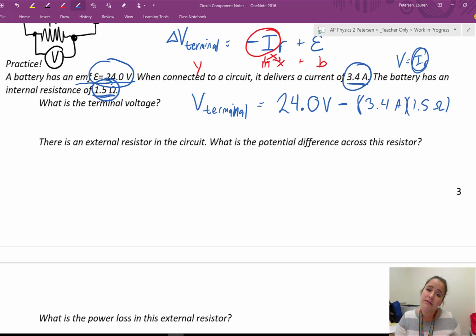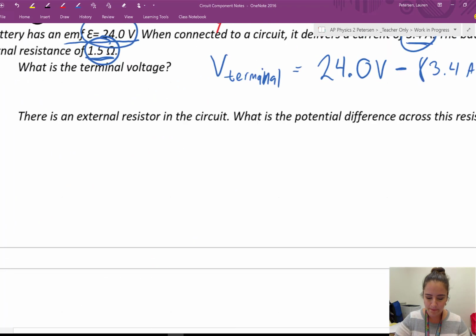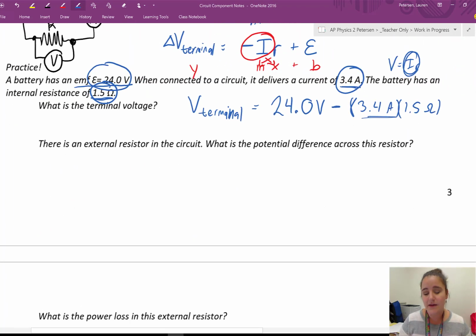At lower currents, it doesn't have as much of an impact. That change is going to be pretty small. But as this number increases, all of a sudden the internal resistance of the battery starts making a difference in your measurements. So the terminal voltage here is 24.0 minus 3.4 times 1.5, which gives us a value of 18.9 volts.